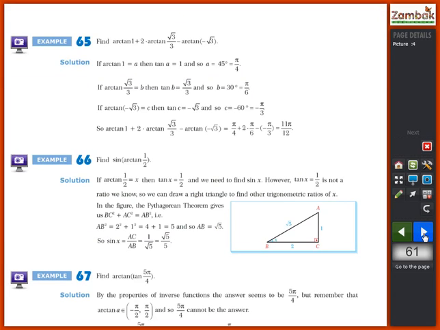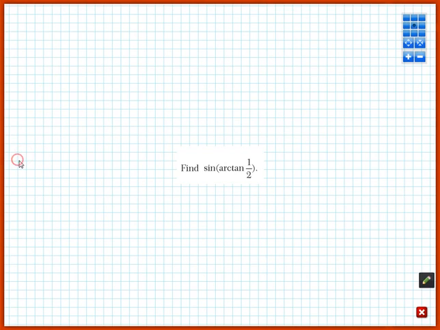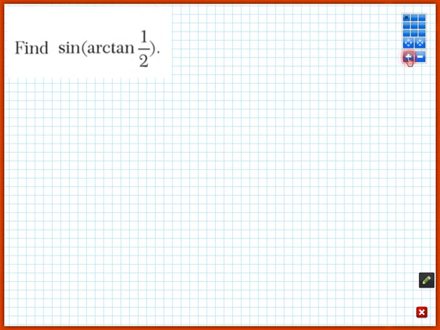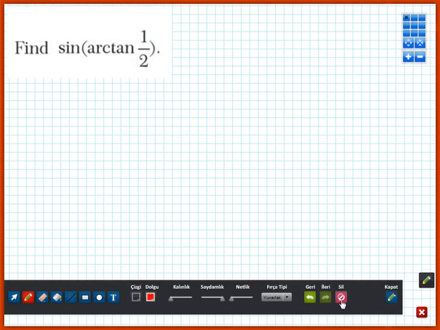Let's solve this one. The question is sine of arctangent 1 over 2. The inverse function gives an angle, you know that.